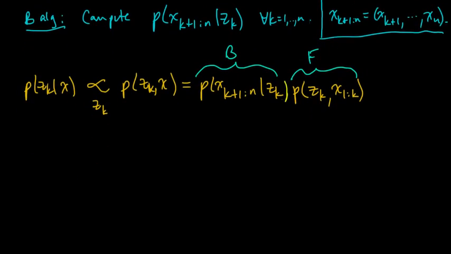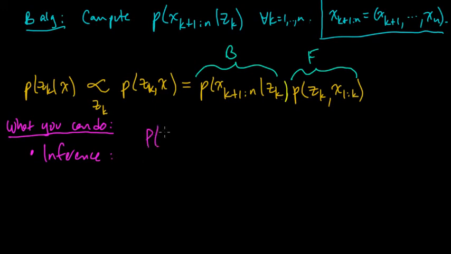Let me give you a couple examples just to illustrate what you can do. For example, you could compute the probability that z_k is not equal to z_{k+1} for any given k, sort of like change detection.